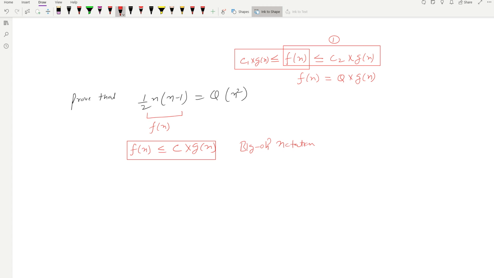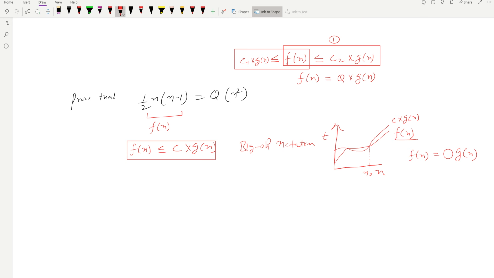So what is big O notation? If we have some input space and some time, and this is the complexity function, let us say f of n for some algorithm, then if this function can be upper bounded by some g of n function multiplied by some constant after some n naught value, then we can approximate f of n in terms of big O notation, big O of g of n.